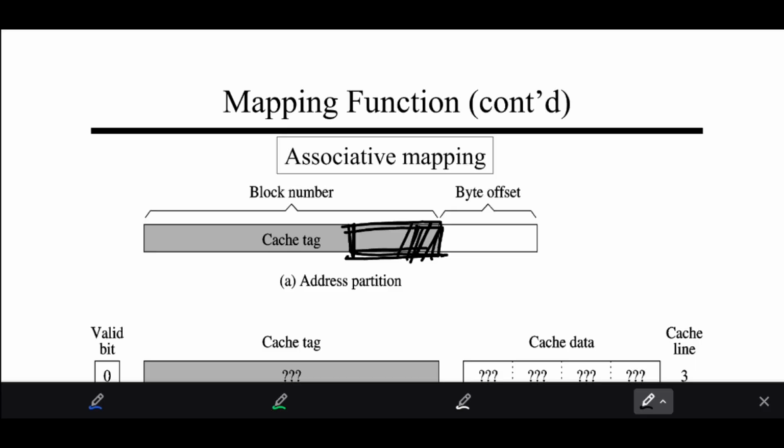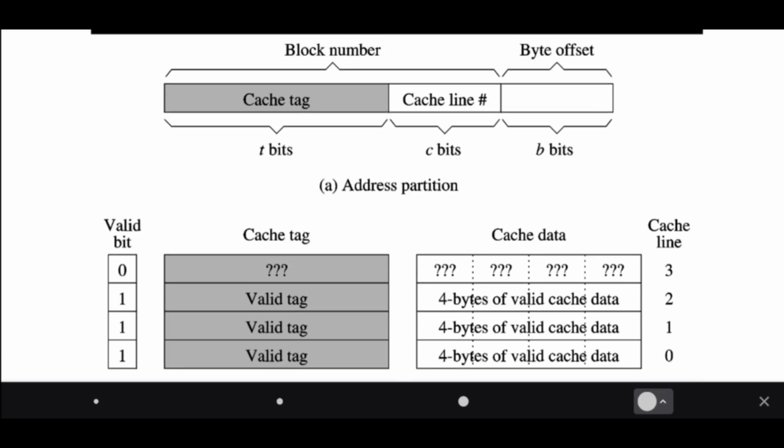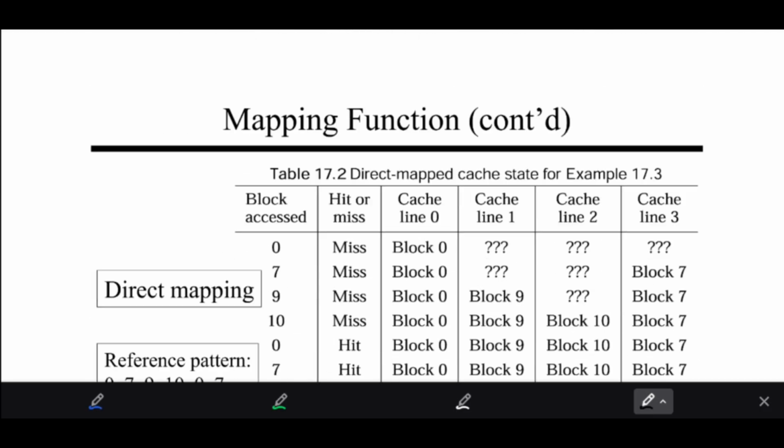The data is stored randomly in the cache, so there is no line address, while in direct mapping there are cache line bits.